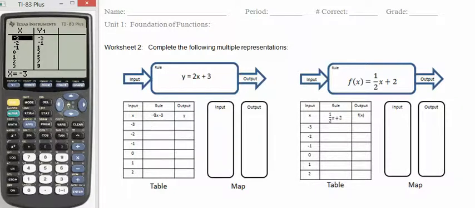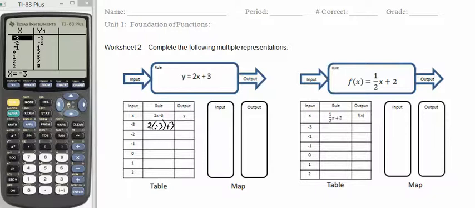But before you do that, I really want you to see how you would do this by hand. What this means is 2 times whatever x is plus 3. So in here you would write 2 times negative 3 plus 3.